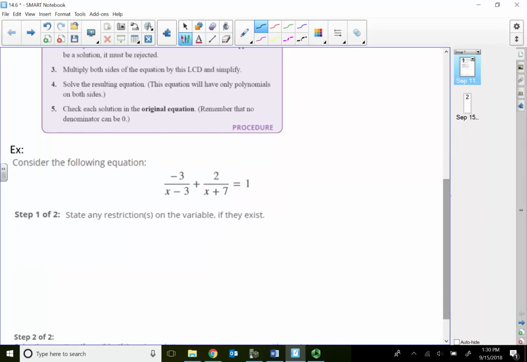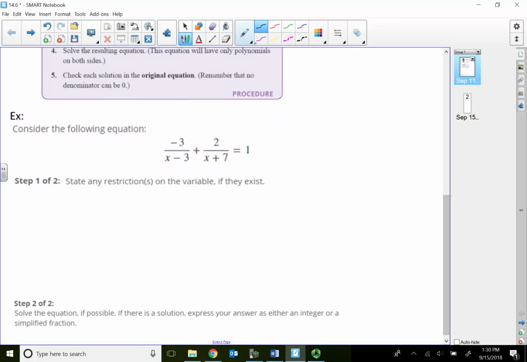All right, the first thing, step 1 of 2, state any restrictions if I have any. Just like what we did in module 14.1, we set each denominator not equal to 0, so we know what x cannot be.